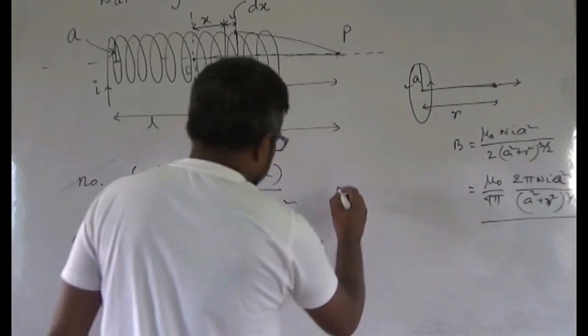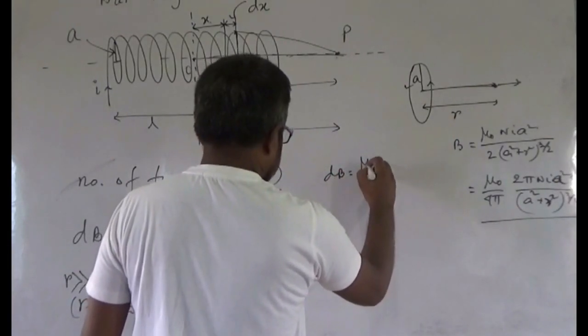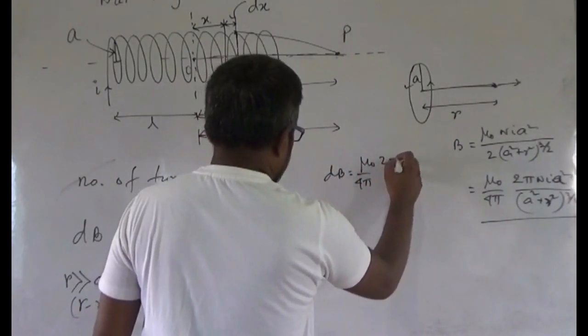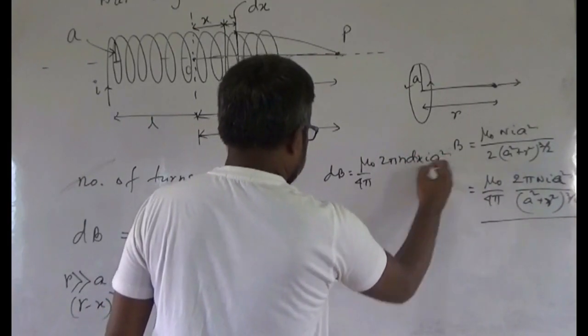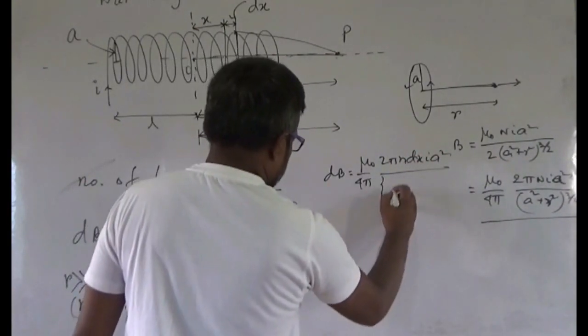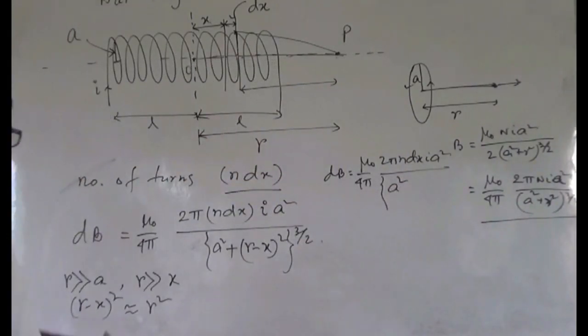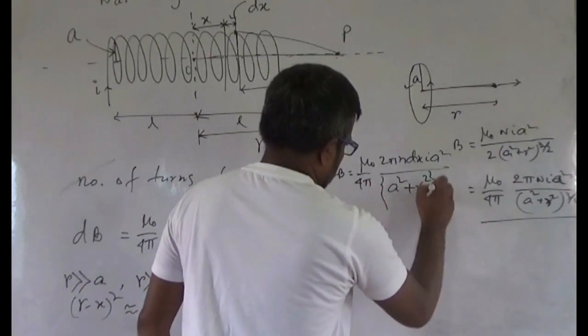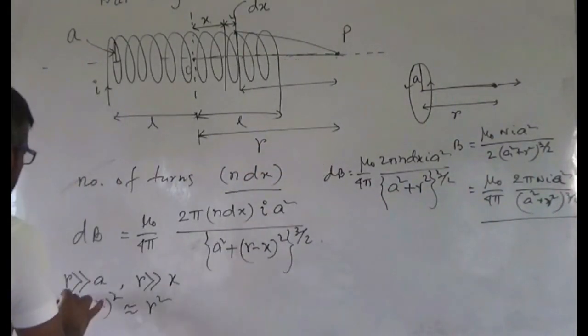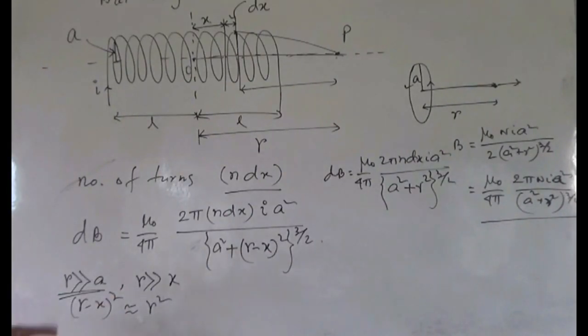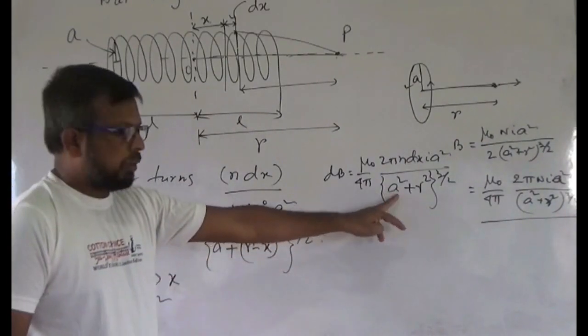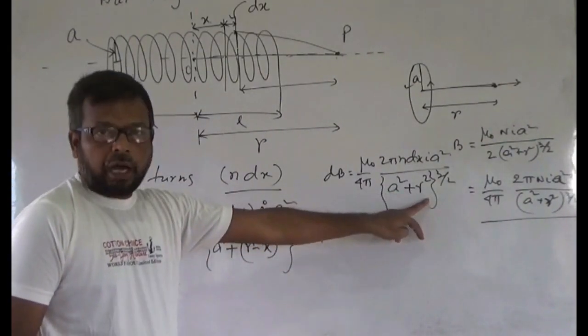Therefore, dB can be written as mu naught by 4 pi twice pi n dx I a square divided by, first, we put here (r minus x) whole square is equal to r square. Then we made this approximation, that is r is much greater than a. Therefore, we can neglect a square in comparison to r square.